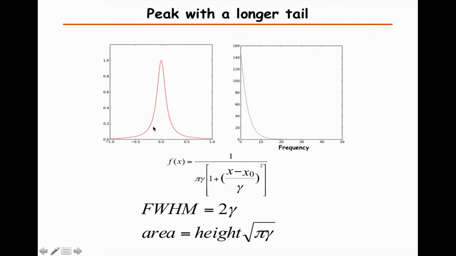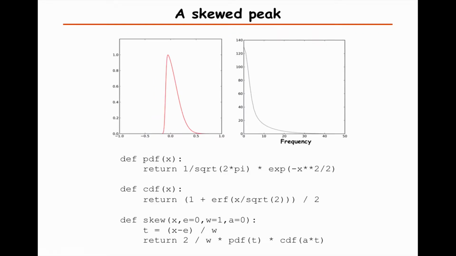But one important thing to do later on when we're looking at our data is to ask what our peaks look like. Are they nicely behaved Gaussian shapes, or do they have other problematic features like very long tails, or are they maybe skewed, like in this case?